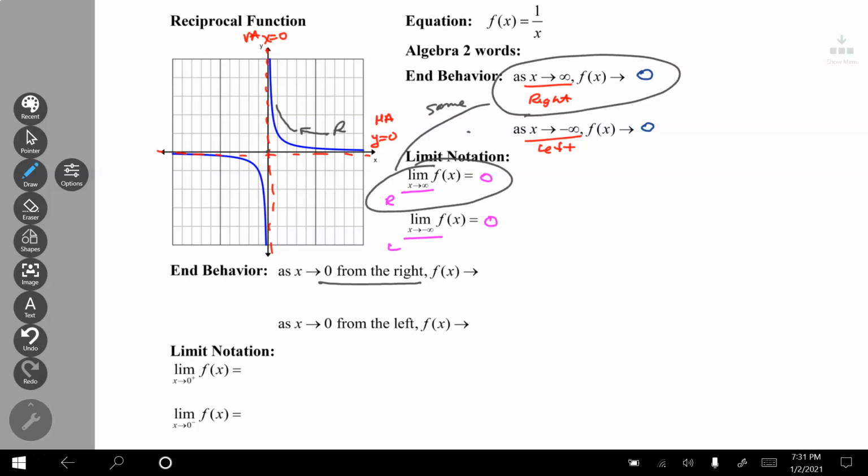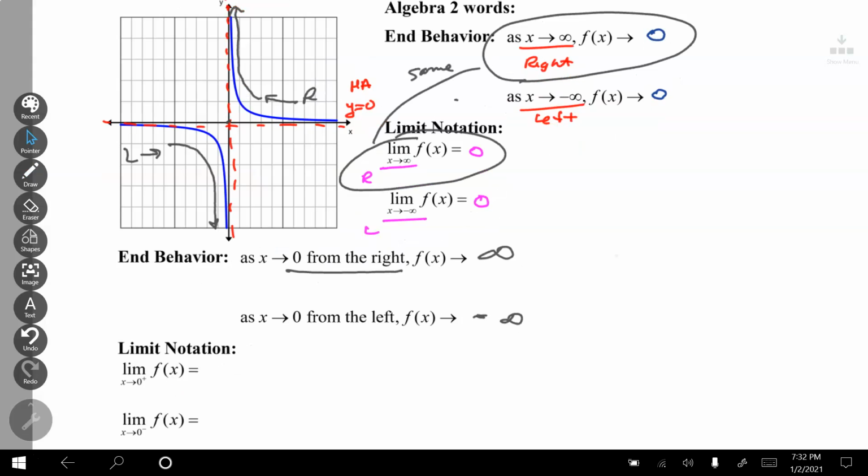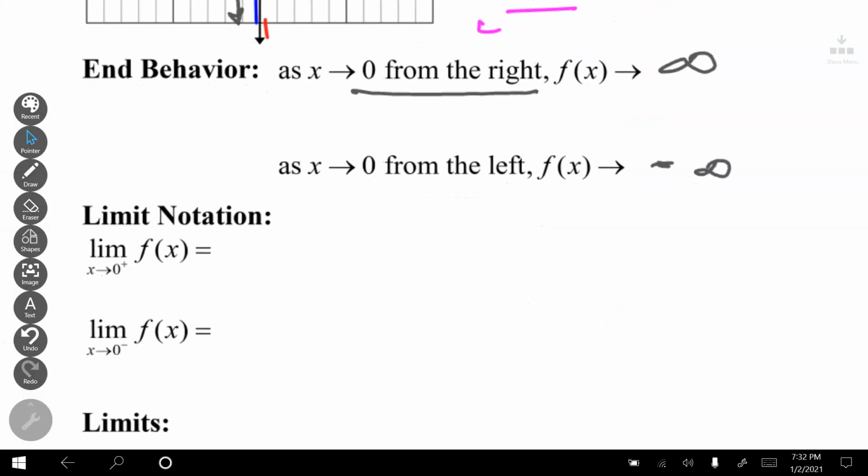So if I get closer to x equals 0, you notice my y value is going up to positive infinity. If I do it from the left side and I go closer to x equals 0, this graph is getting closer to negative infinity. Except again, I'm going to use my limit notation. Here we go. And I'm going to make this really big here so you can see it better.